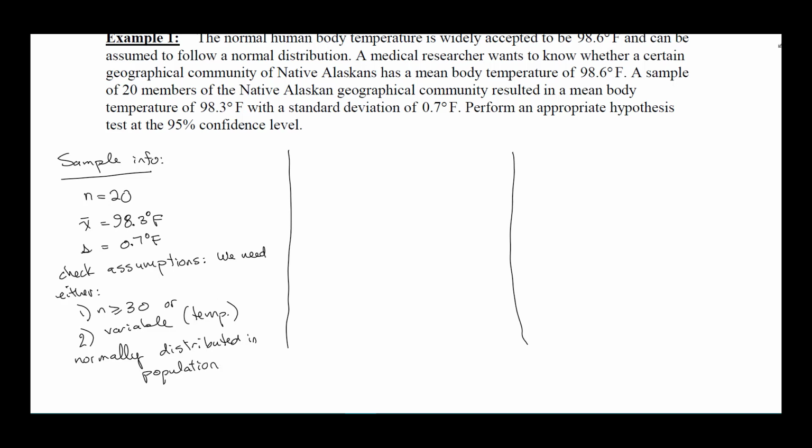This is an or, so you don't need both of these, you just need one of them. So let's look at our assumptions. N bigger than or equal to 30, we do not have that, but do we have the temperature being normally distributed in the population? Yes. It says that right here in the problem, so we're good on that. That tells us that our assumptions are met.